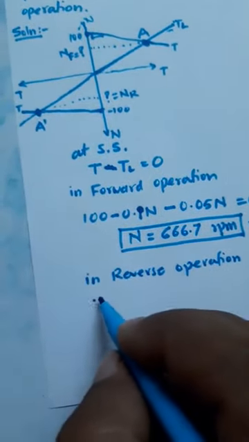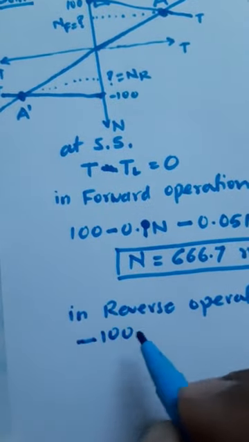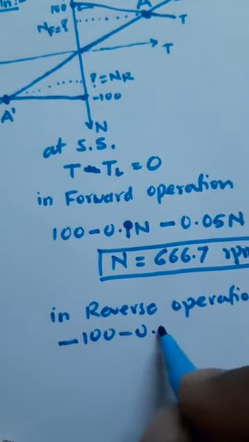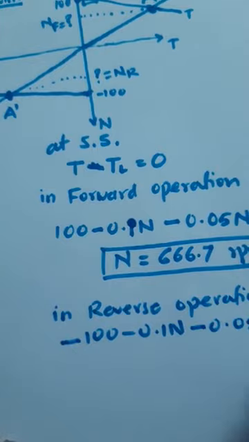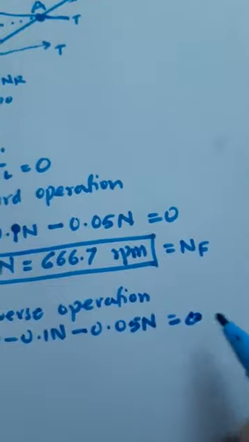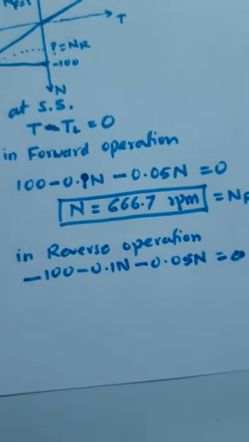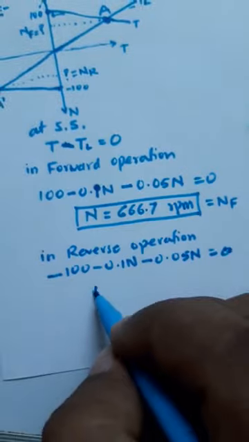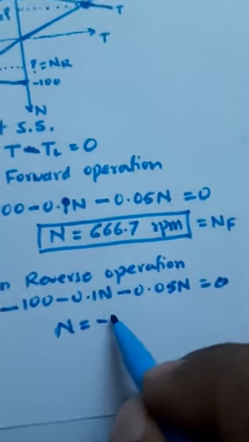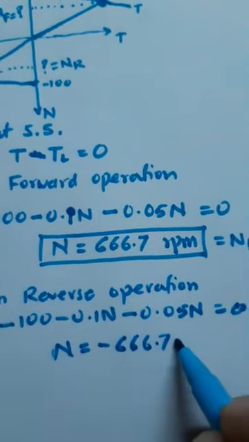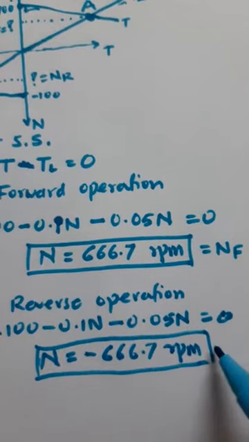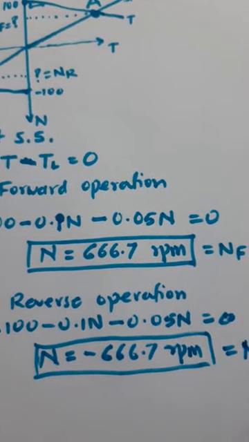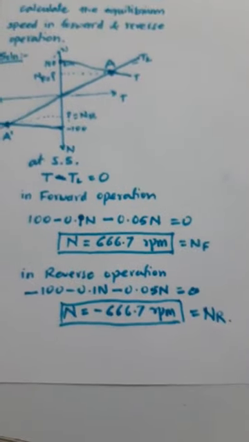The characteristic of motor is changed to minus 100 minus 0.1 n. The torque remains the same. Equals to 0. Now when we solve this, we get again value of n minus 666.7 RPM, which is nothing but the speed in reverse. So this is how we can solve the numerical.